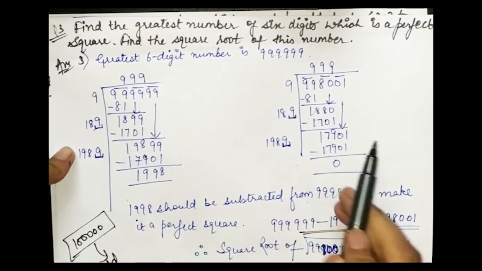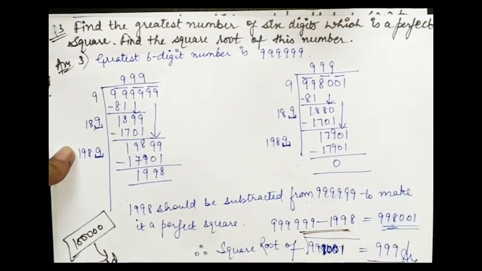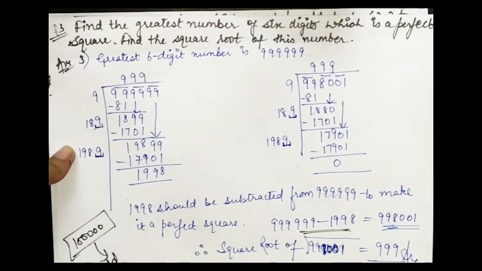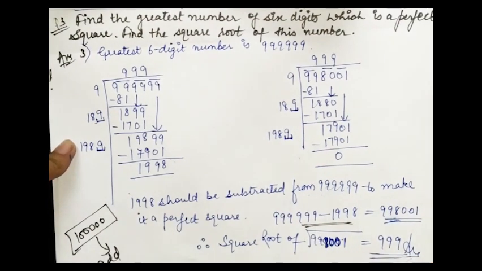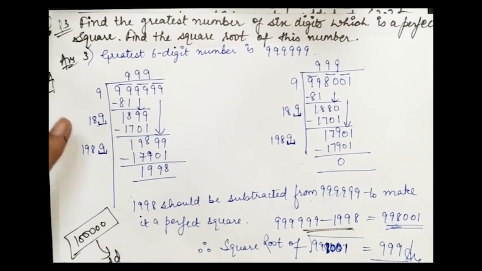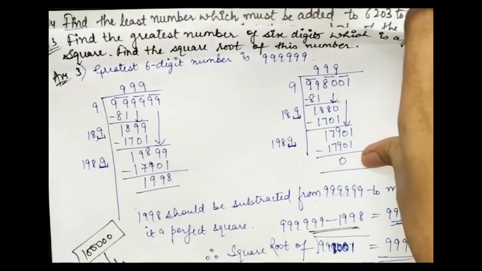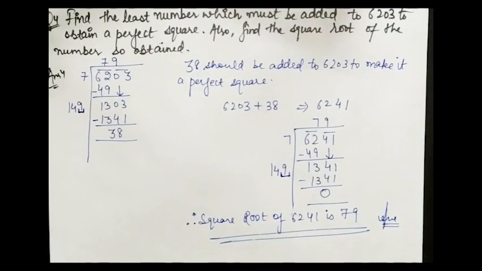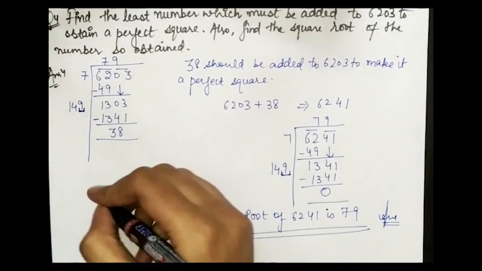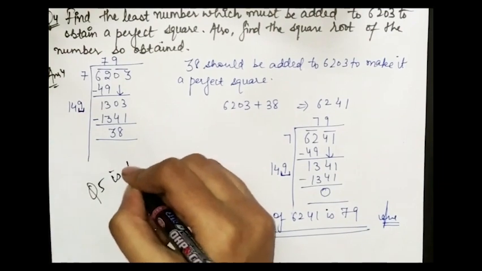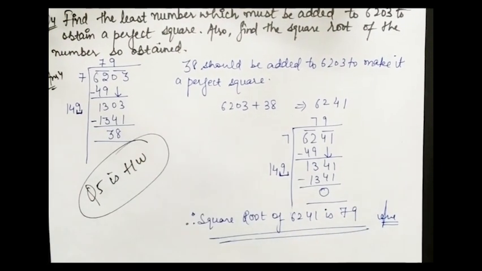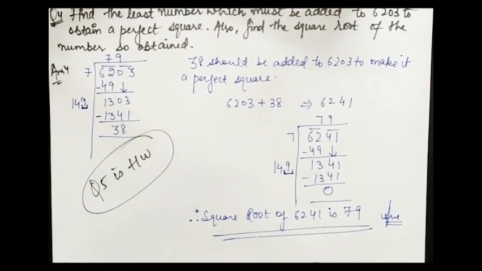After doing the square root, you just have to write here like we have written, and that's the question. So I think I don't have to do this here, as you can all do. So question 5th is homework for you. Let me write here also, question 5th is homework. I have told you how to do that. Okay, then you can send me the answer in the comment section.